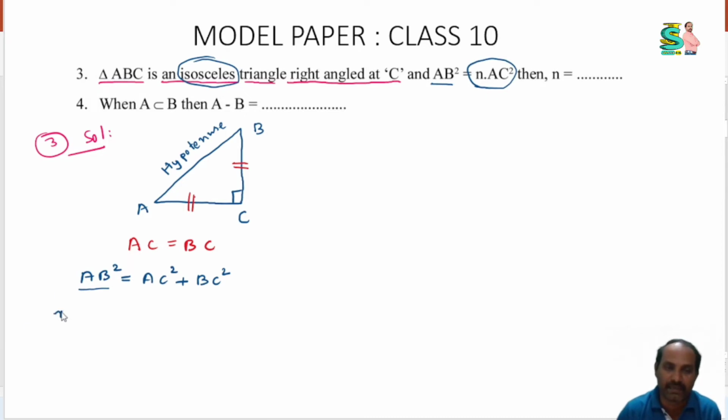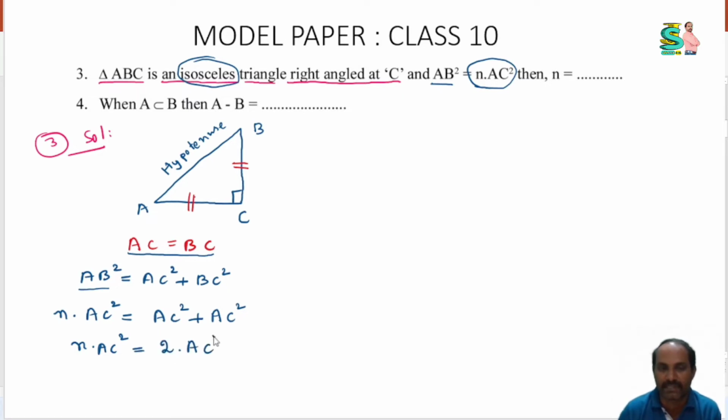So n into AC square is equal to AC square plus, in BC's place, we can write AC square, because AC is equal to BC. So n into AC square is equal to 2 AC square. Now compare: in n's place 2 is there. So n is equal to 2. This is our answer.